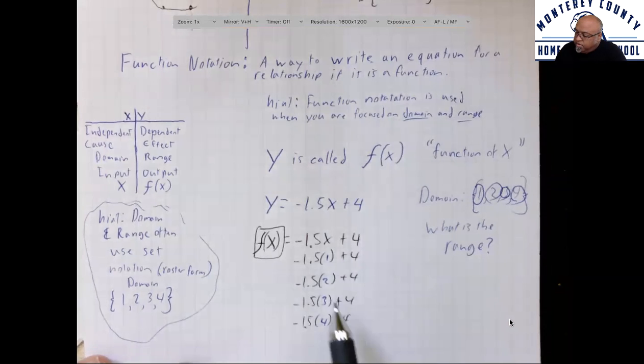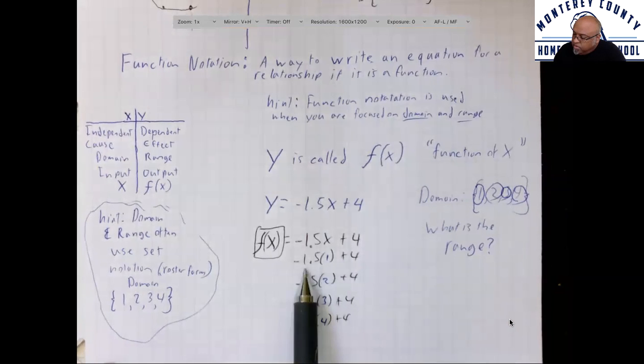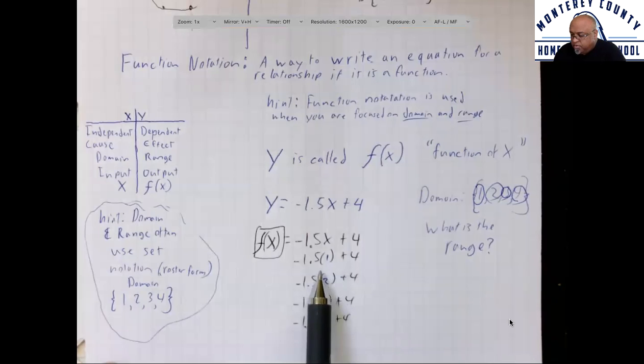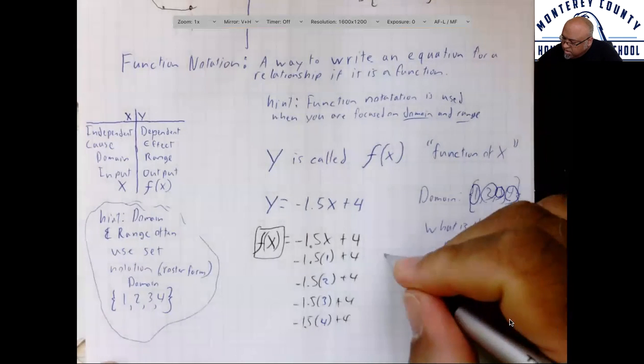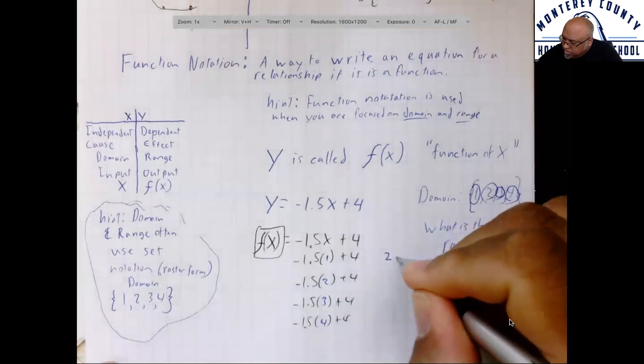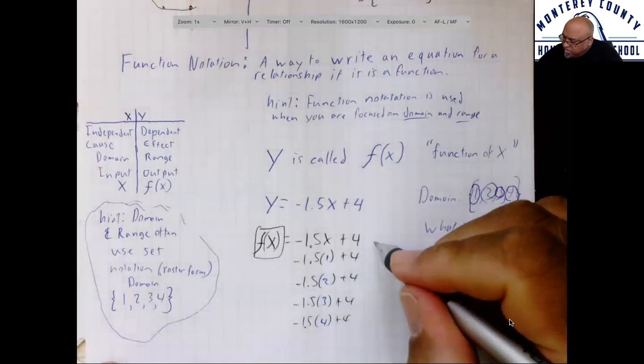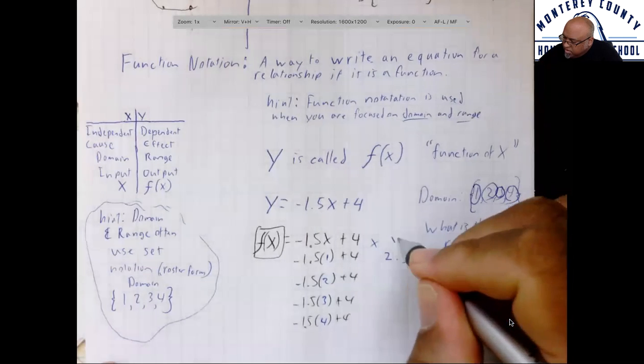So I'm going to go ahead and solve this each time. 1 times negative 1.5 is negative 1.5 plus 4 equals, okay, so that's negative, so we would actually subtract. So subtract 1 from 4 is 3. Subtract 0.5 from 4 would be 2.5. So positive 2.5.